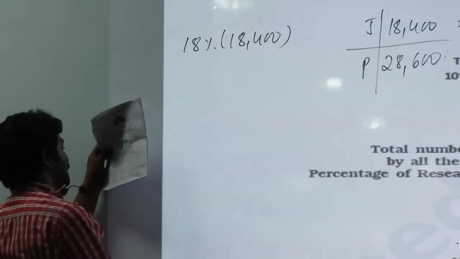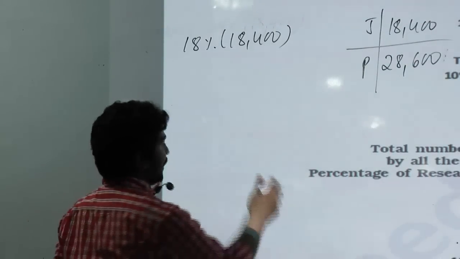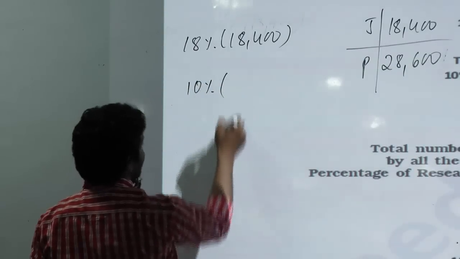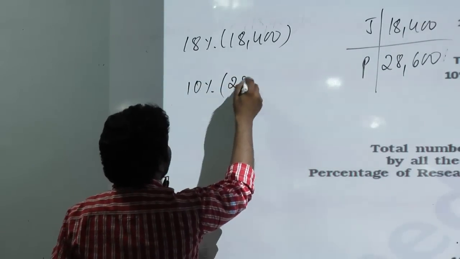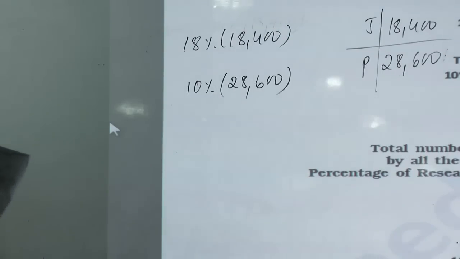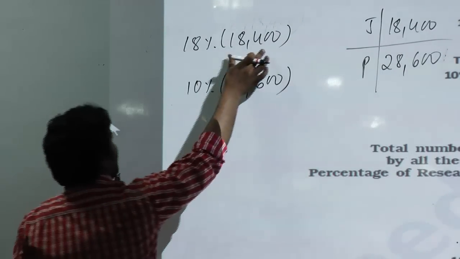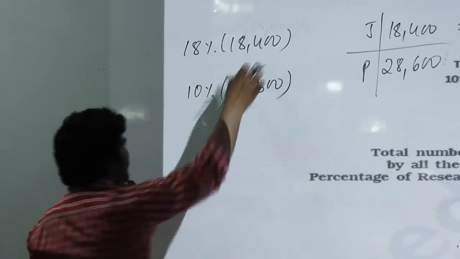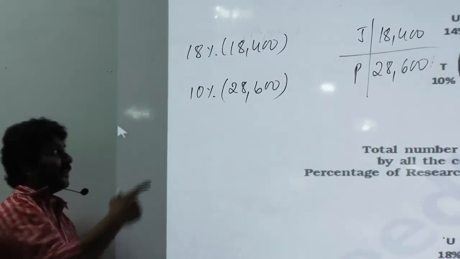And then T, papers, 10% of 28,600. Now, is approximately what percent more, they said. Now, I think we have already calculated 18% of this. ఇంతకుముందు చేసాం కదా.